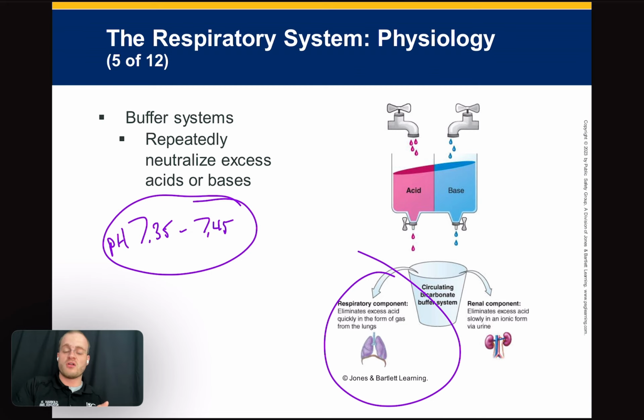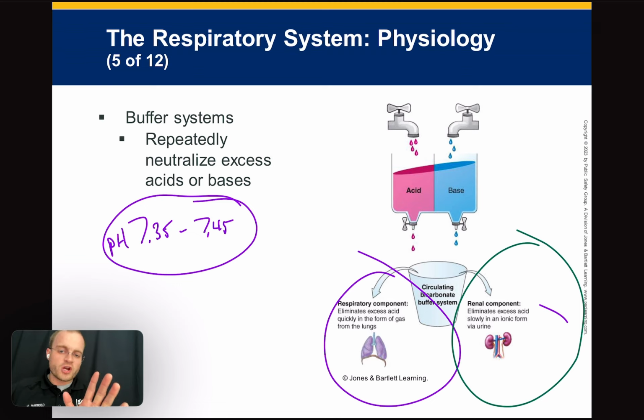It's very slow. And it takes, it depends who you ask. Let me change colors. It takes like 12 to 24 hours. It really depends on who you ask. It takes longer than instantaneous, which we can do with the respiratory system. So I want you to think 12, 24 hours for the kidneys to really kick in and go to town, right? And do what they're supposed to do.